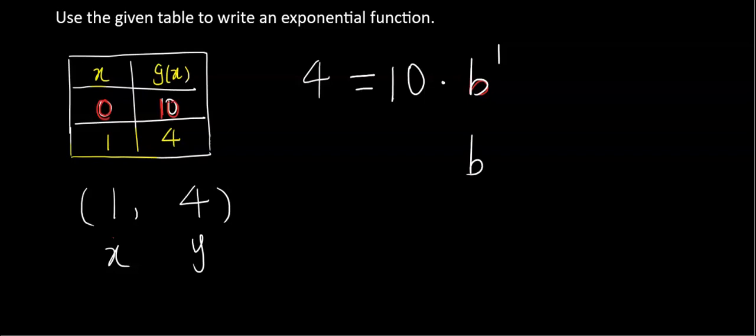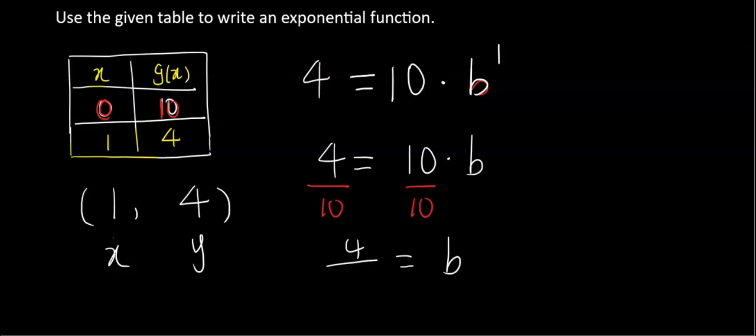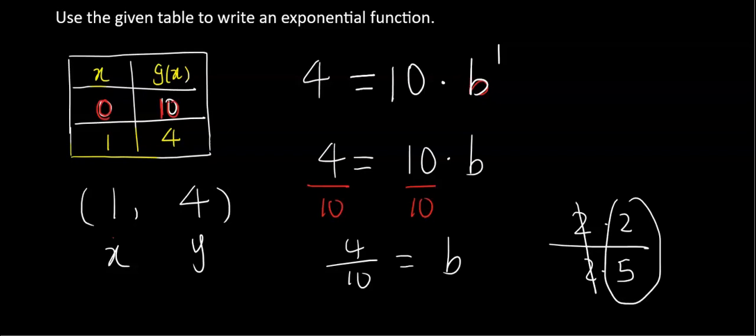So it gives us 10 times b equals 4. How do we find b? We're going to divide by 10 on each side. Therefore, b is 4 over 10. But it's not simplified enough because 4 is 2 times 2, 10 is 2 times 5. We're going to simplify. We get b is 2/5.